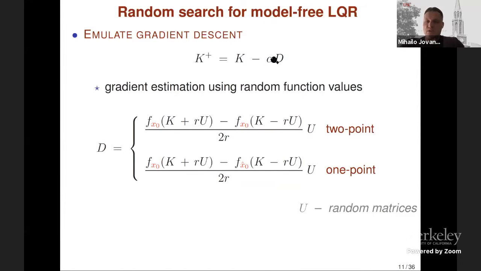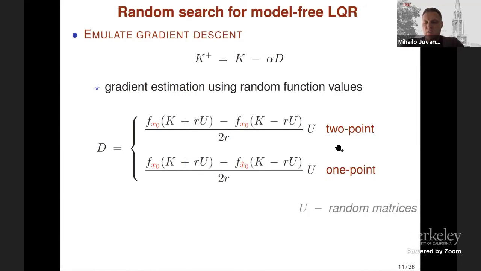This slide summarizes what I mean by random search method for model-free LQR. It's essentially a technique that attempts to emulate properties of gradient descent by estimating gradient using random function values. And we tap into the area of derivative-free optimization. The techniques that you may want to utilize are listed here.